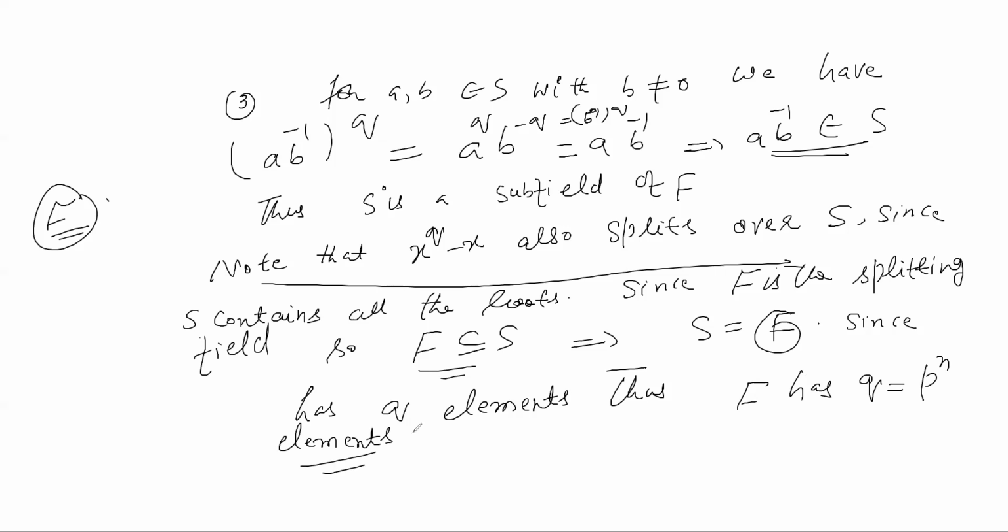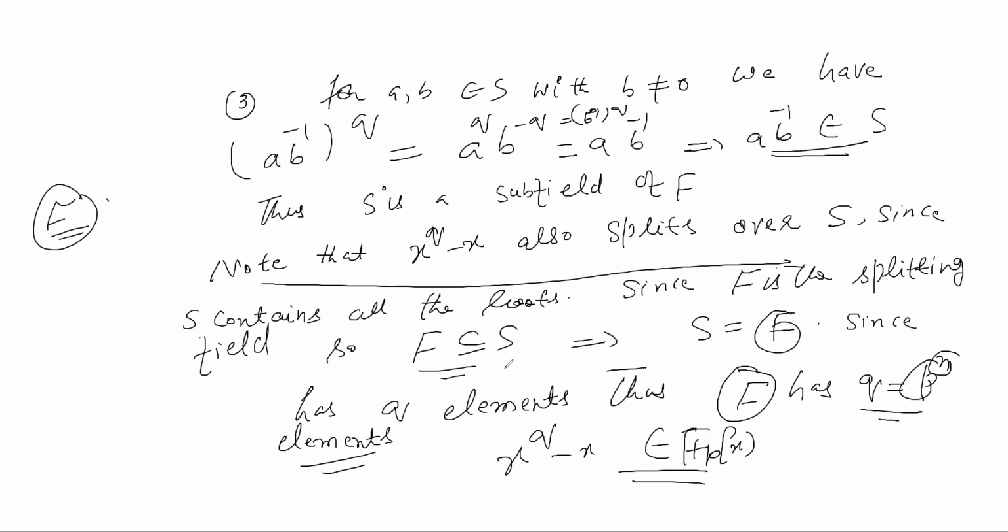So for every prime p and for every positive integer n, there exists a field with this cardinality, and that is F. That field is nothing but the splitting field of the polynomial x raised to power q minus x over F_p. So the existence part is done.